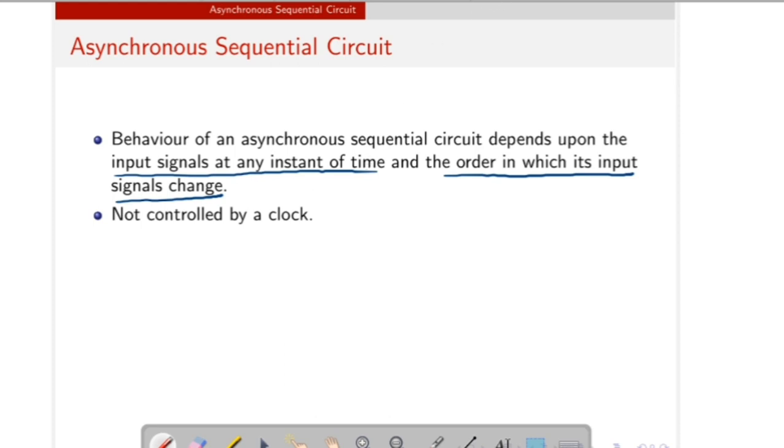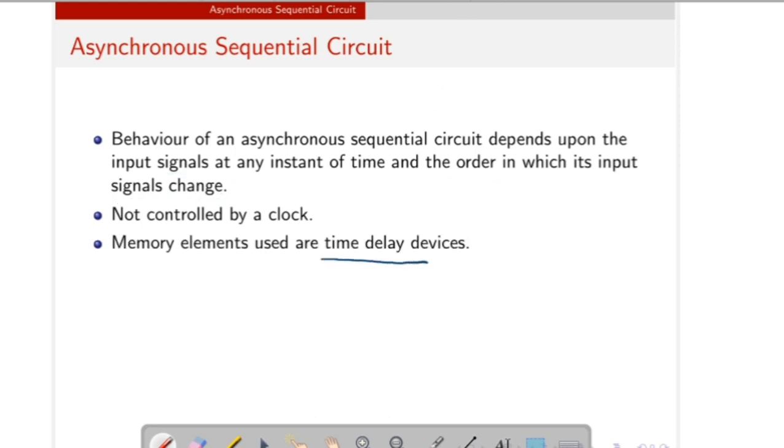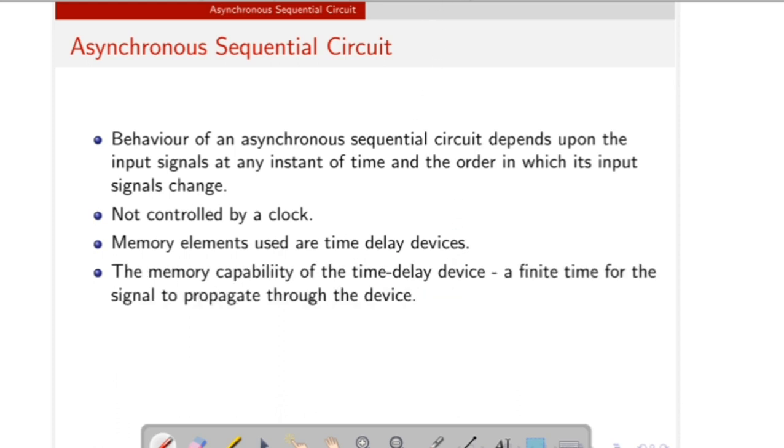Here the memory elements are time delay devices. The memory capacity of a time delay device depends upon the time required to propagate the signals through the device. That means a finite amount of time is required for the signal to propagate through the device. That propagation delay is used as the memory capability of the time delay device.